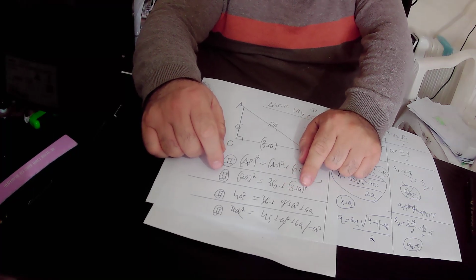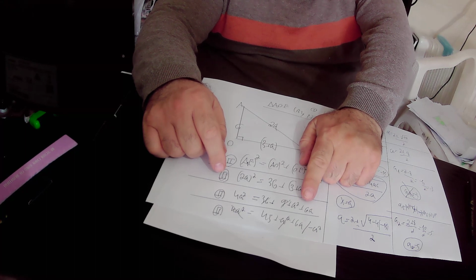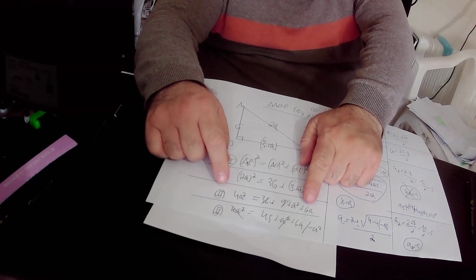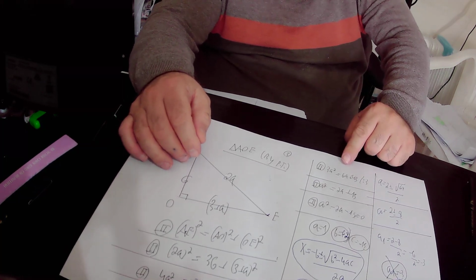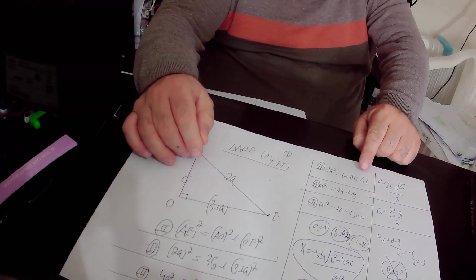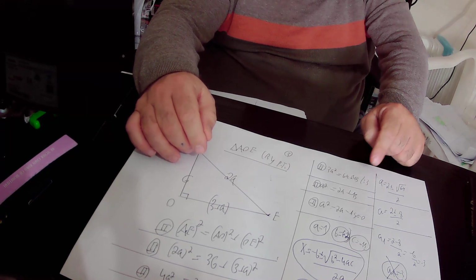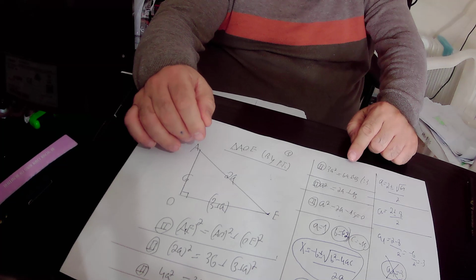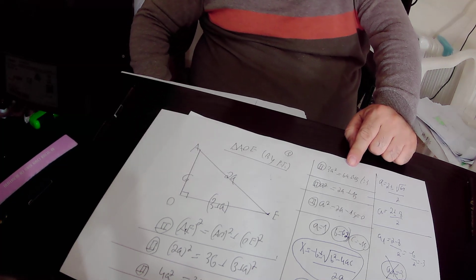So in conclusion, 4a squared equals 45 plus a squared plus 6a. We subtracted a squared, and found that 4a squared minus a squared is 3a squared. 3a squared equals 6a plus 45.